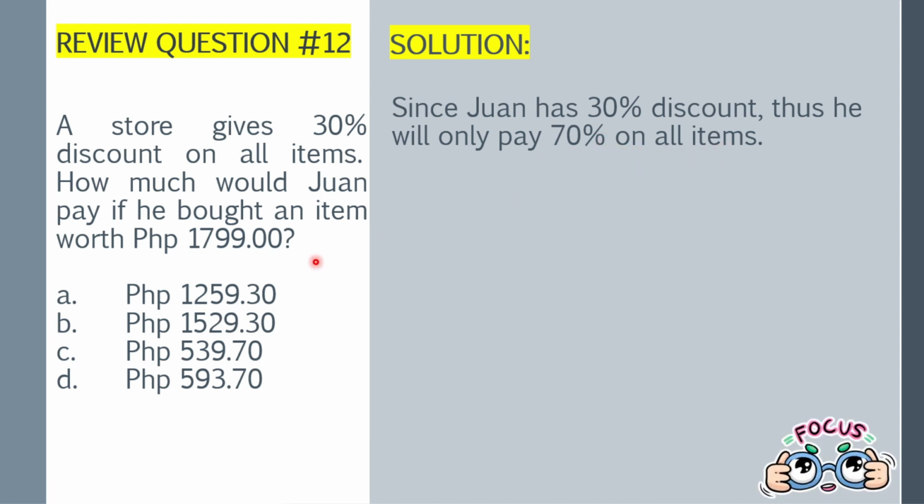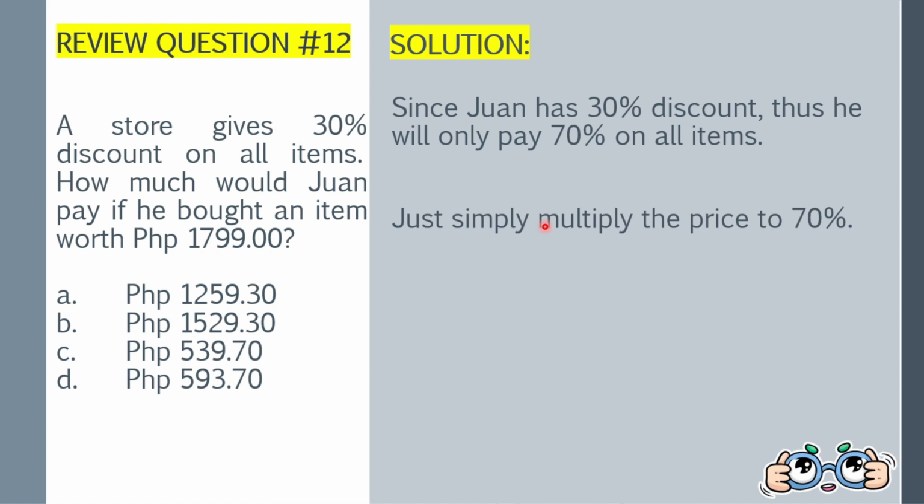What's missing here is the portion, since 1,799 is the base, the total when there is no discount. So we compute it by multiplying 1,799 by 70%, not 30%, because the question asks how much he will pay. But if the question asked how much the discount is, we would multiply by 30%.